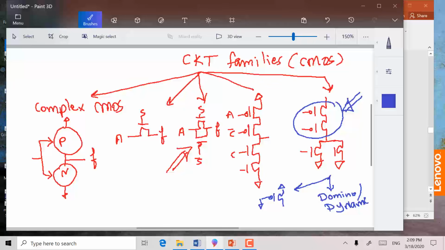Obviously, they have advantages and disadvantages. So, for instance, complex CMOS suffers from slow rise because of the PMOS network. The pass transistor suffers from the weak logic 1 here because they charge F in the case of 1 to VDD minus VTN.